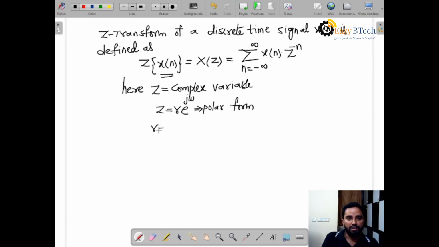Here r indicates the magnitude of Z, and omega indicates the phase or angle of Z.